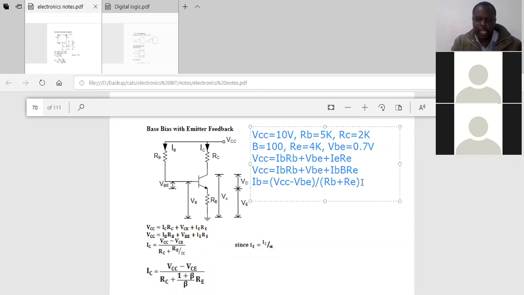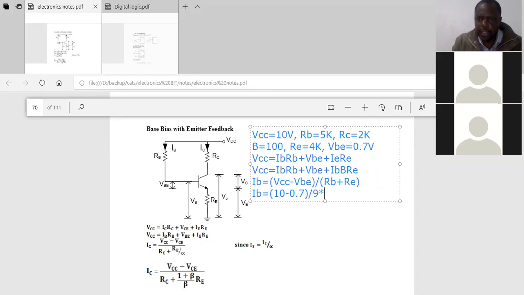So if we substitute the actual values, then you're going to have IB is equals to 10 minus 0.7 in brackets, and then you divide by the sum of the two resistors, 5K plus 4K. That should be 9K.